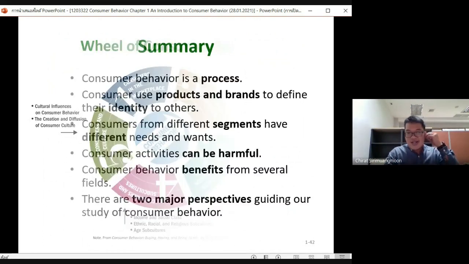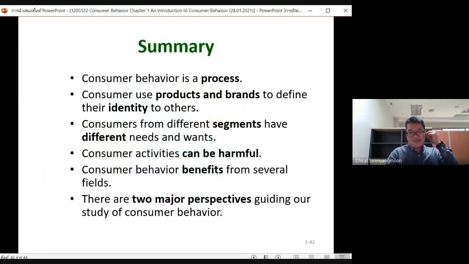Okay. And here is the summary. Consumer behavior is a process. We have pre-purchase, during purchase, and post-purchase, and it's actually continuous. In the past, we focused just on during purchase, but now it's not so, because we need to consider what happens before and we also need to be concerned about what happens after we purchase. We always use products or brands to identify or present ourselves.